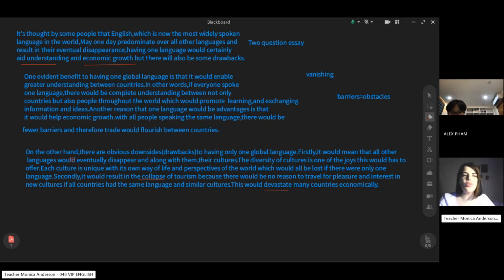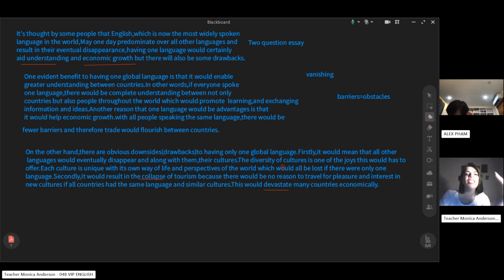As I told you, as you can see, it's not exactly the same, but somehow it can be the same. So on the other hand, there are obvious downsides or drawbacks to having only one global language. First, it would mean that all other languages would eventually disappear, exactly like you wrote, and at the same time, with them, their cultures.